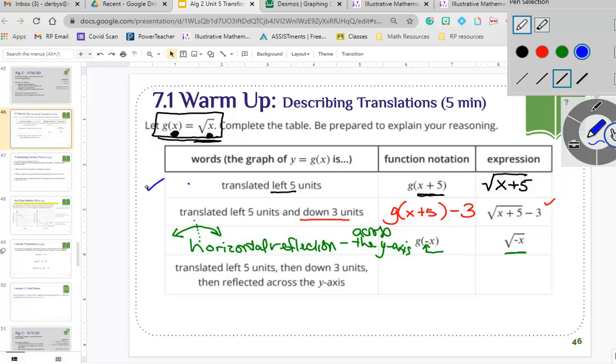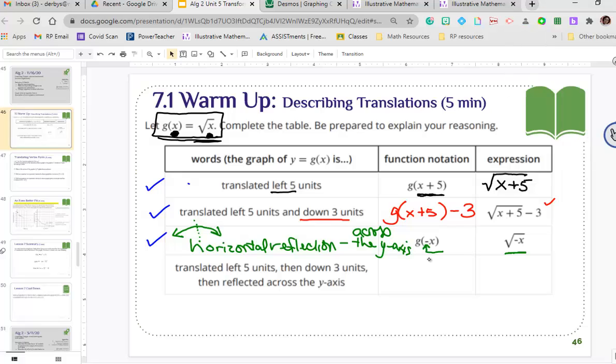We're going to translate it to the left, then we're going to translate it down 3 units, then we're going to reflect it horizontally and put the whole darn thing all together. So we're going to see all of these things mushed into a single function notation. G of negative x plus 5, close parentheses, minus 3.